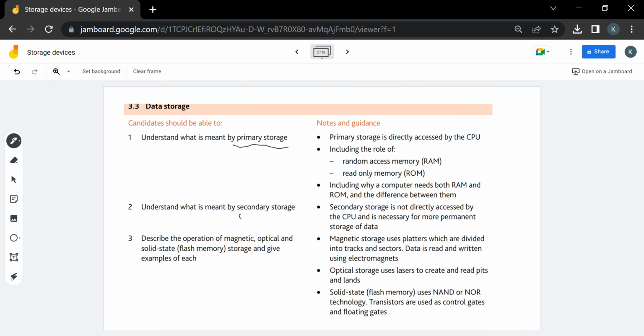Then we have discussed our secondary storage, and we have categorized it into magnetic, optical, and solid state drive. And yes, we have discussed tracks and sectors on magnetic storage. We have discussed bits and lands on optical storage. Then we have discussed flash memory, NAND or NOR technology in our solid state drive.